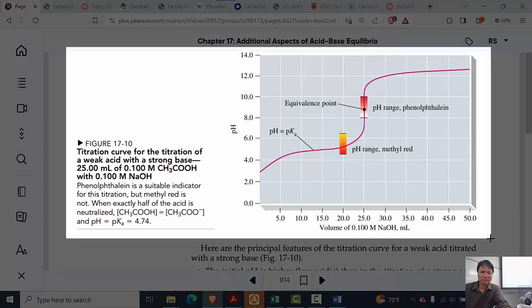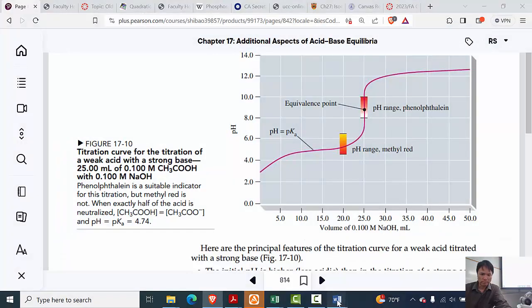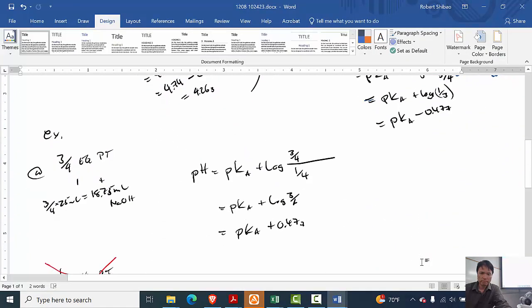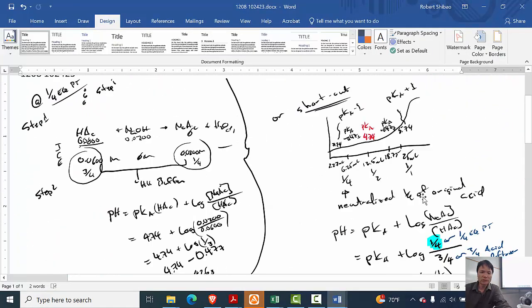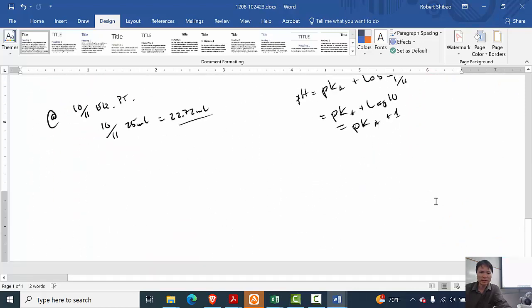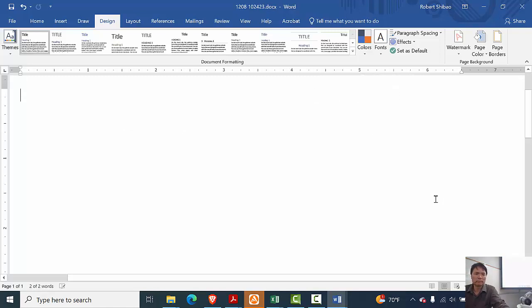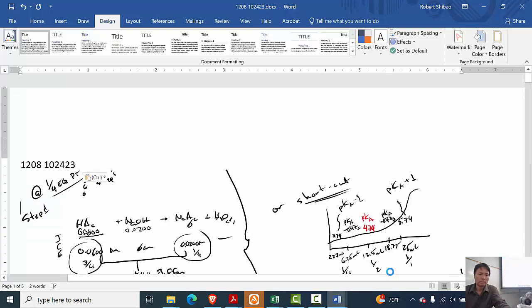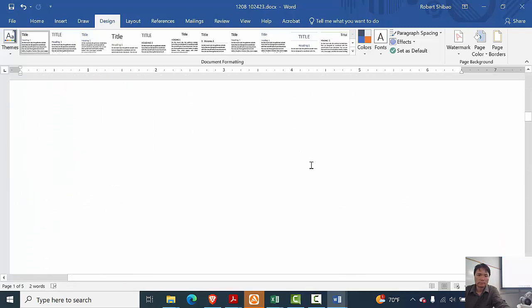But ideally, something close to 4.74 would be best.